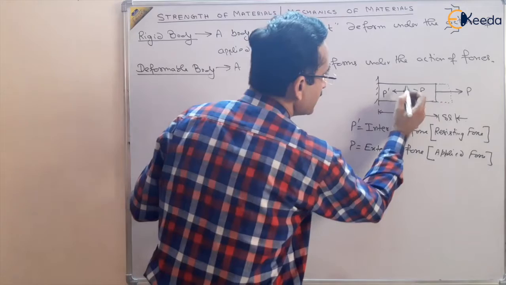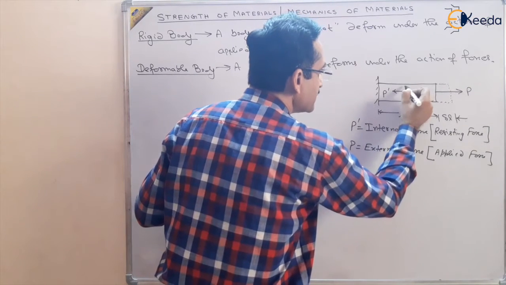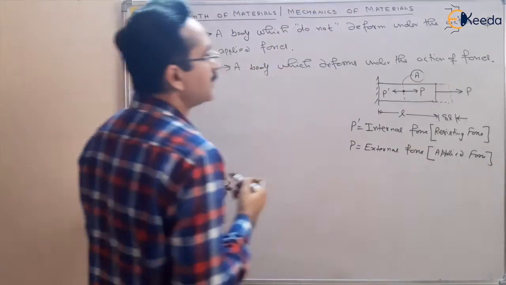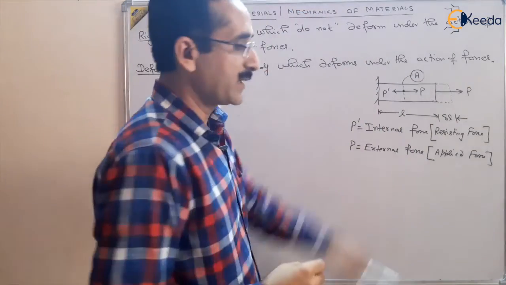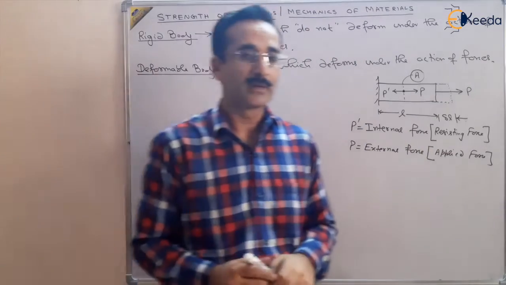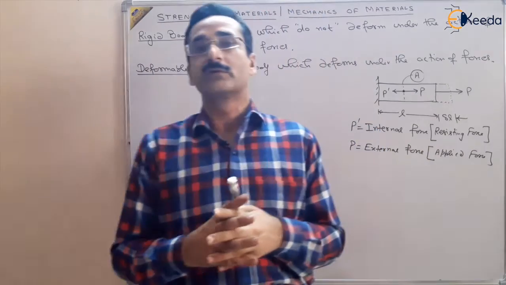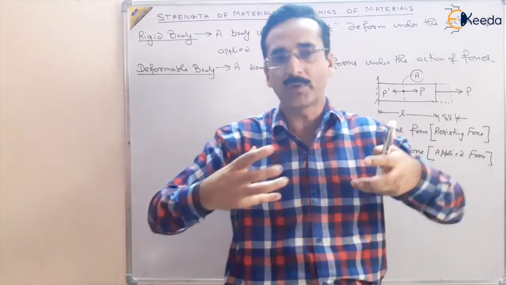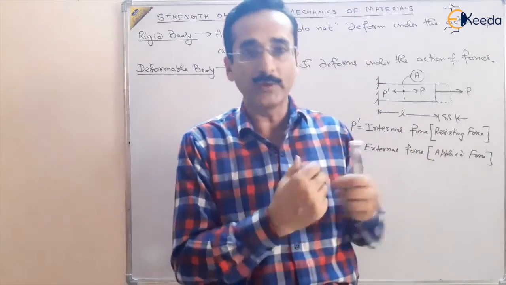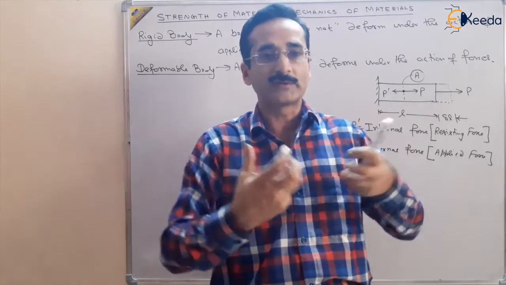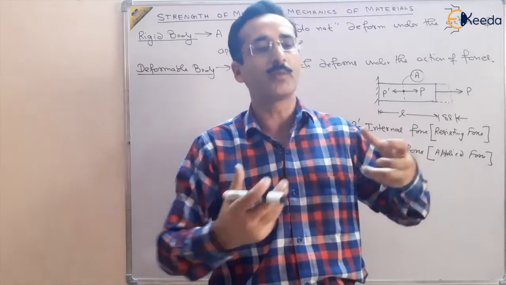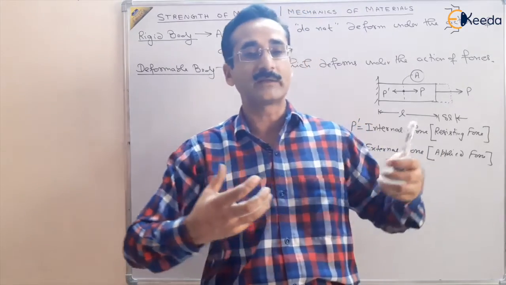I am showing here a certain particle which is placed at a certain cross-section area, suppose A. But from where did this P dash, this internal force, come? Molecules have cohesive forces, the cohesion property is there. If the material is of the same molecules, then there are cohesive, attractive forces, and if the material is of different molecules, then there are adhesive forces.